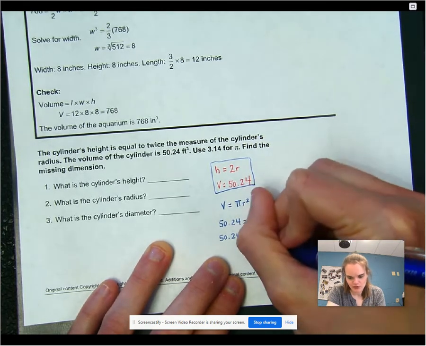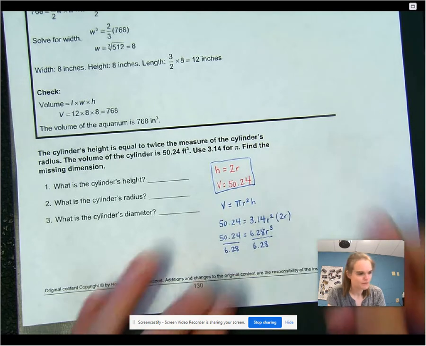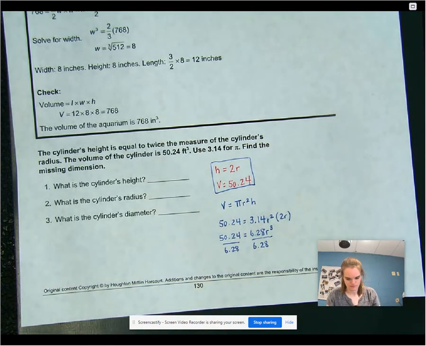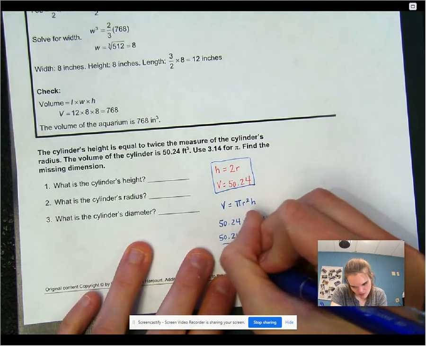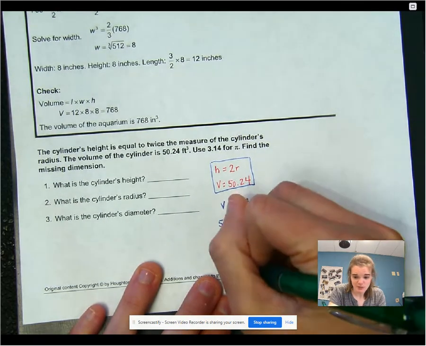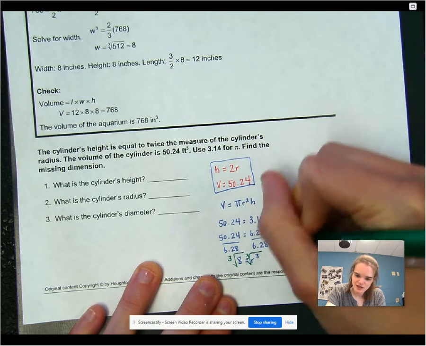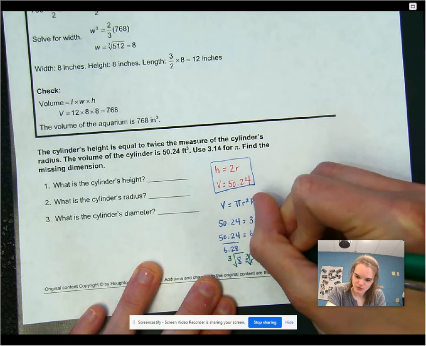Divide by 6.28. We get 8. That's nice. 8 equals r cubed, so we're going to take the cube root. Remember, that means what number multiplied by itself 3 times is equal to 8? And that just so happens to be 2.